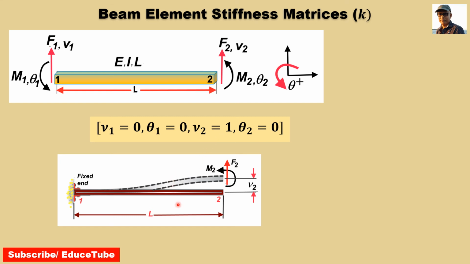And this is the deformed beam. Here node 1 is fixed. Now if node 2 of the member is displaced by nu 2 equal to 1 relative to node 1, so that the chord of the member rotates anticlockwise, the moment can be related to displacement nu 2, same as before.